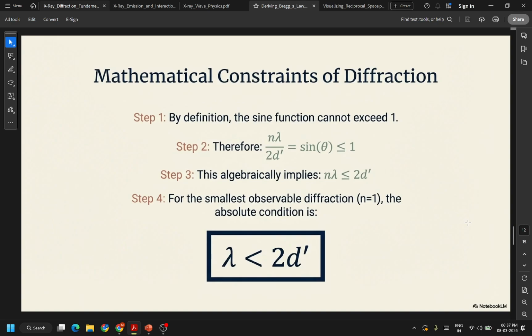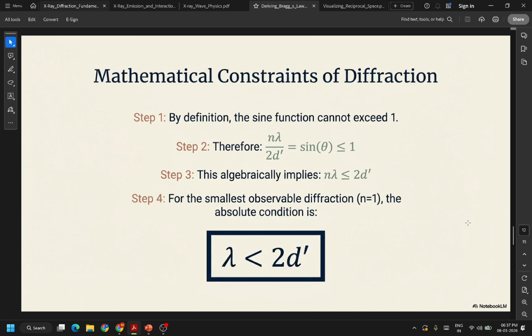So the mathematical constraints of diffraction are: by definition, the sine function cannot exceed 1. So n lambda by 2 d dash, that is sine theta, has to be less than or equal to 1, which means n lambda has to be less than or equal to 2 d dash. And for the smallest, n can be 1. It's a natural number, so it has to be 1, 2, 3, 4.